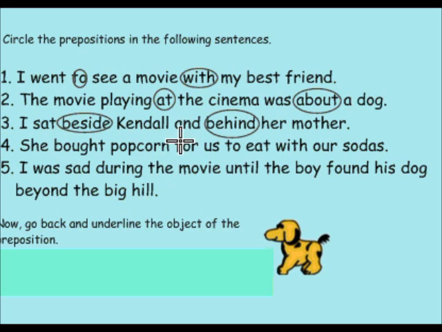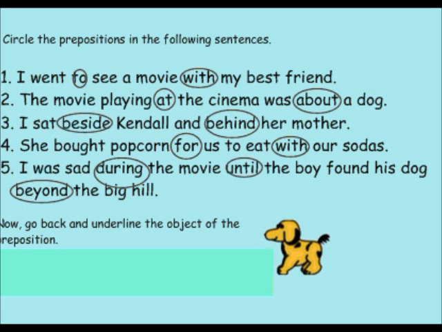The bunny jumped for the movie. Maybe the bunny really wanted that movie and so he jumped for it. The bunny jumped with the movie, as if he's holding that movie and jumping. The bunny jumped during the movie. The bunny jumped until the movie. That one doesn't really work very well, but the bunny jumped beyond the movie.